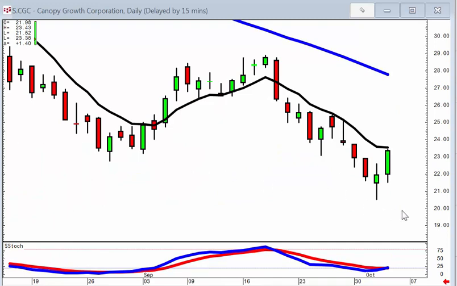Charts like CGC in the weed stock area are more compelling when they have a reversal signal like a morning star signal. A big down day, a day of indecision, and the third day closes more than halfway up this candle and right at the T-line area. This makes for a much higher probability of being in a profitable trade based upon if it opens positive tomorrow.